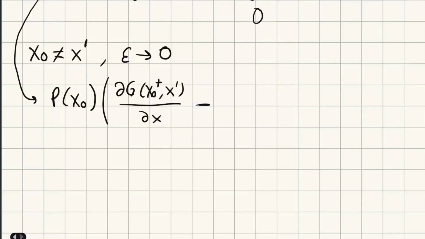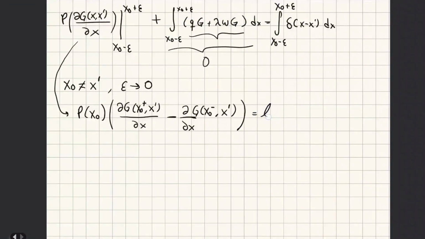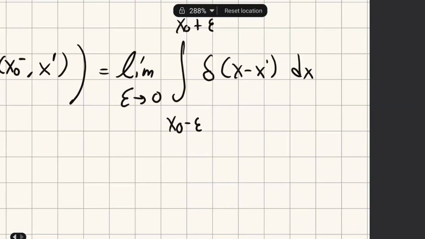And then by the fundamental theorem of calculus, we will have the derivative with respect to x of g evaluated at x0 from the left, and then x prime here, right? Okay, perfect. So this can be equal to the limit as epsilon goes to 0 of the integral from x0 minus epsilon to x0 plus epsilon of the Dirac delta, like this. So we know that x prime is not equal to x0.